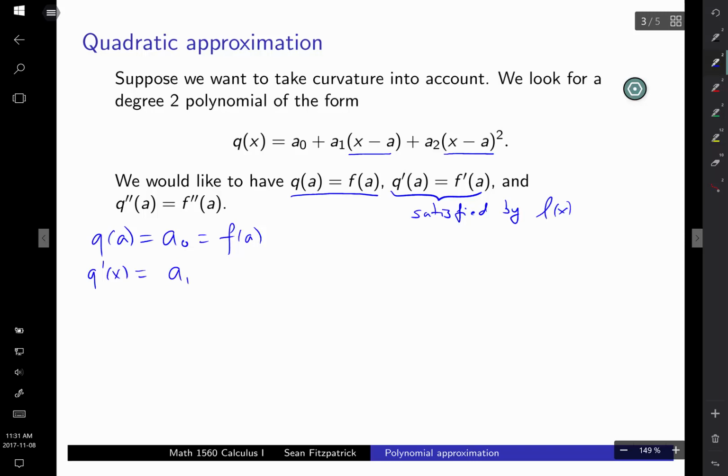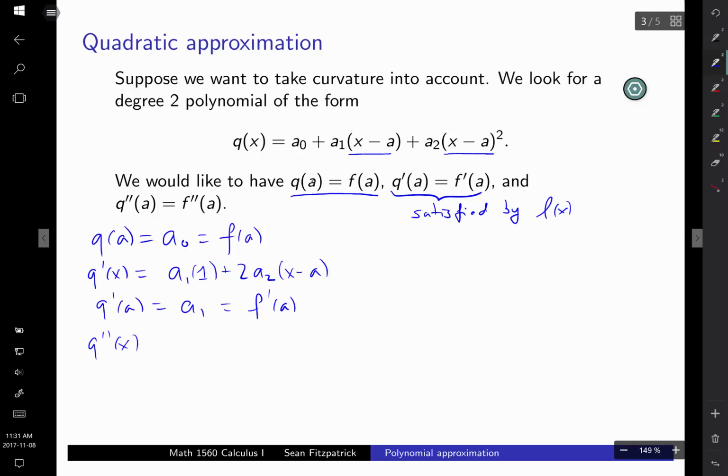I get a1 times the derivative of x minus a, which is just 1. And then I get 2 times a2 times x minus a when I take that derivative. So that means that q prime at a, and again the x minus a goes away because a minus a is 0, I simply get a1, and I want that to be f prime of a.